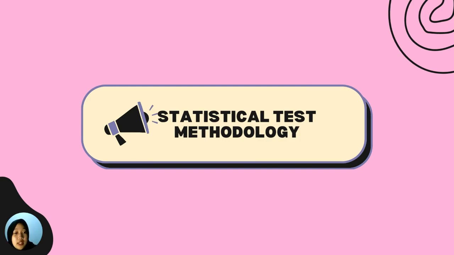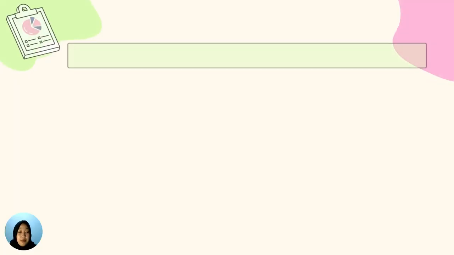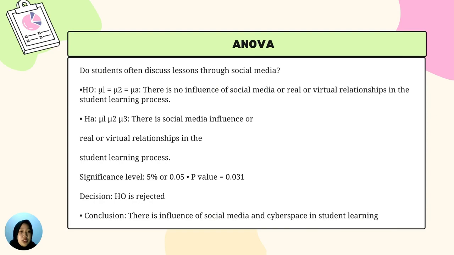So next is the statistical test methodology. We use the ANOVA test for students who often discuss, listen, and track social media. H0: there is no influence of social media or real or virtual relationship in the student learning process. And HA: there is social media influence or real or virtual relationship in the student learning process.